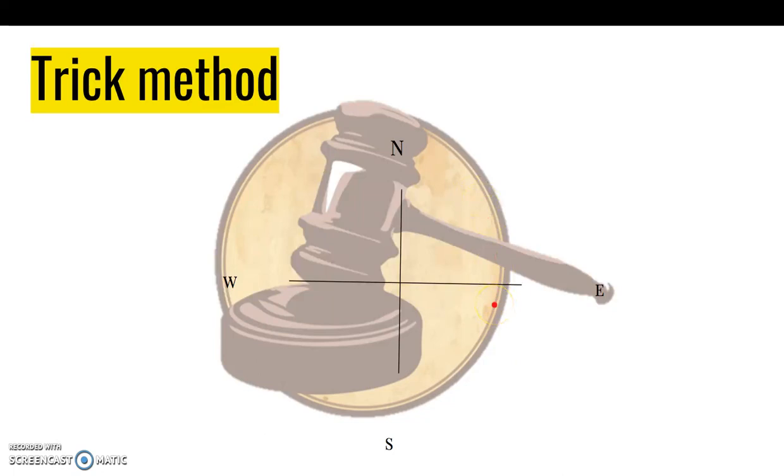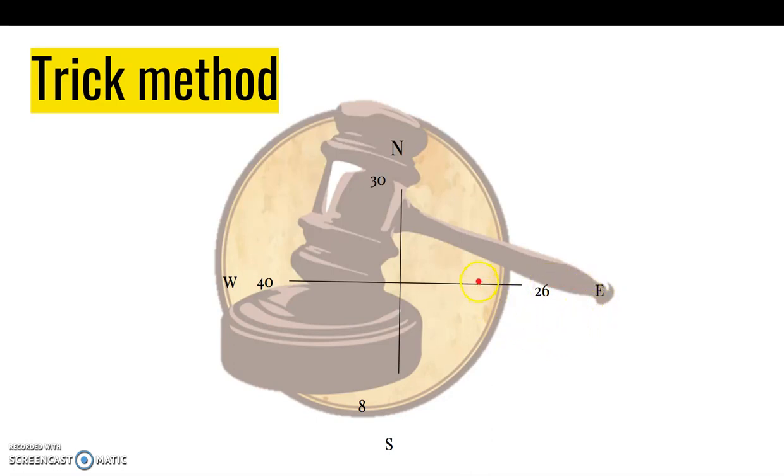Now it says that we move 30 meter to the north, so we will write 30 meter in the north column. Similarly, it moves 40 meter to the west, and then we write 40 meter in the west column. Similarly, 8 meter to the south column, then 26 meter to the east column.